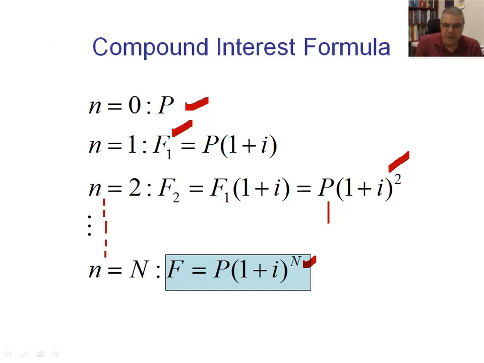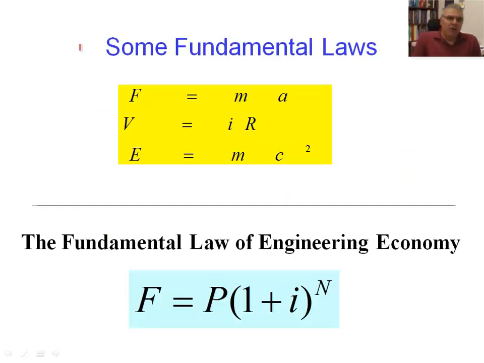In different fields, we have different formulas. For calculating force, we have F = ma. For calculating voltage, we have V = I times R, current times resistance. For energy, we have E = mc squared, mass times the speed of light squared. The fundamental law of engineering economy is F = P multiplied by (1 + i) to the power n.